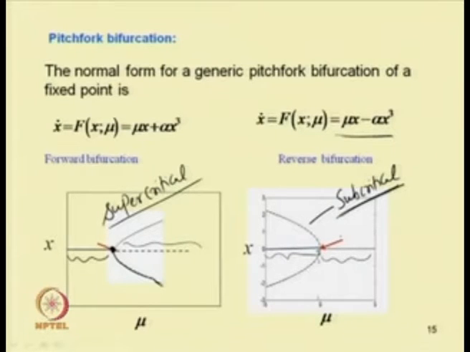So, it is always advisable to avoid the subcritical bifurcation, or to operate the system at a control parameter where the system is stable. In this case one can operate the system up to mu equal to 0, or at values of mu in the negative range, and one should not operate the system at a value of mu greater than 0.